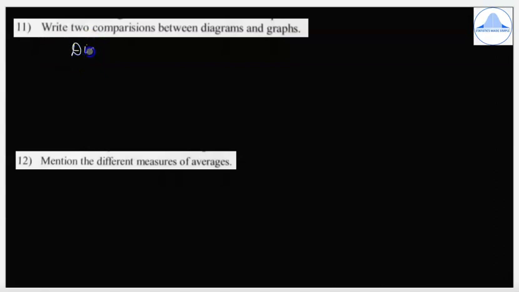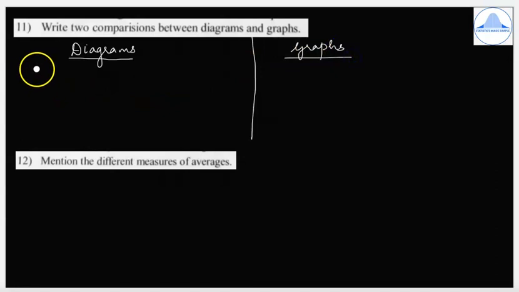So let me form a table where first I will list down some points for diagrams, and in the next column I will have graphs. Because it is a 2-mark question, even if you just write 1 point each for both the diagrams and graphs, you will get 2 marks.